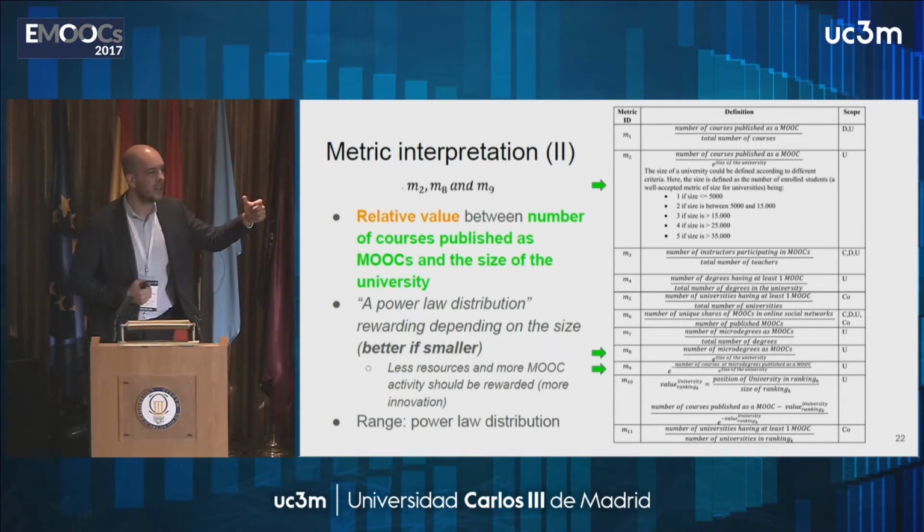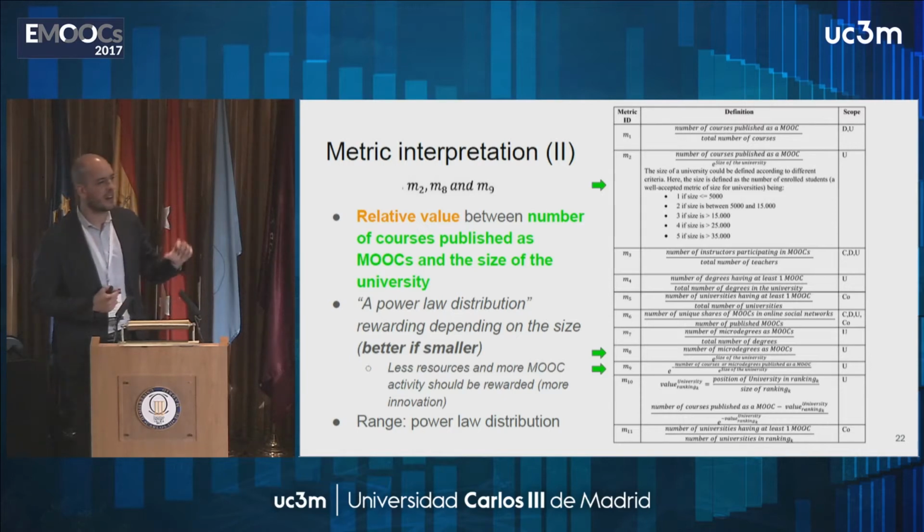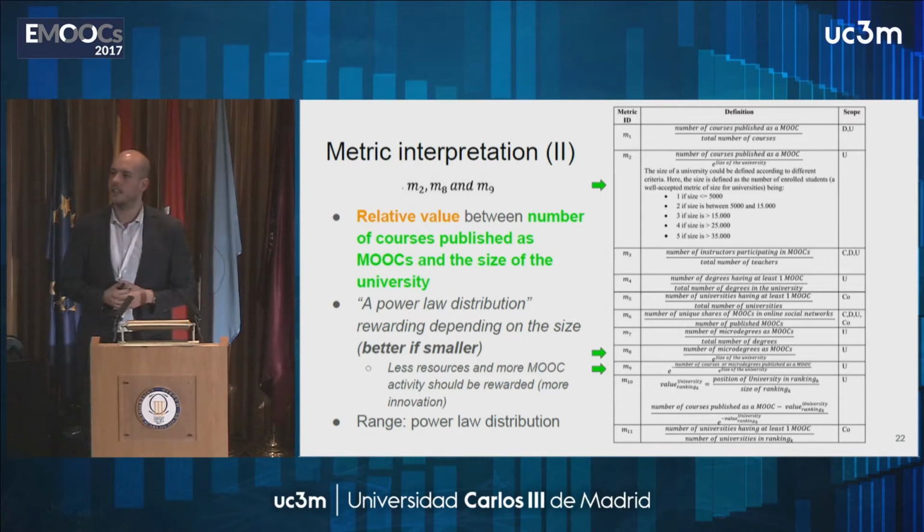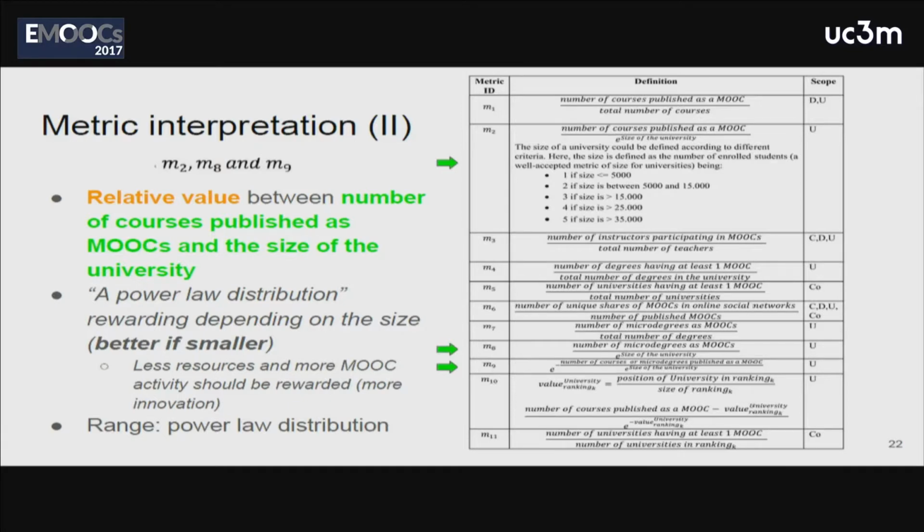The second set of metrics represents, again, a value, but a value regarding the size of the university. If we agree that the creation of a MOOC represents a huge effort for the institution, for the people, we need infrastructure, we need technicians, we need skills to produce the videos, to produce images, to produce a lot of things.